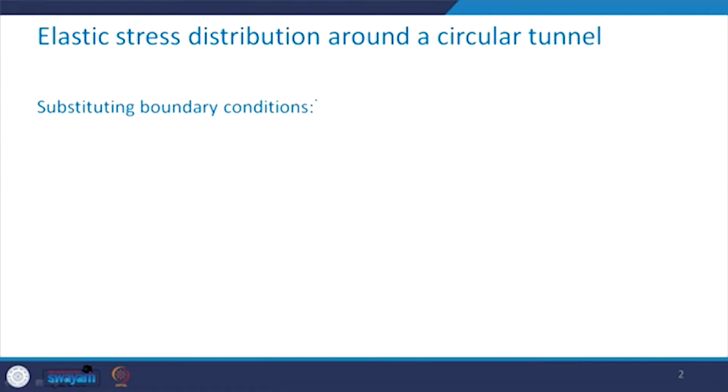In the previous class we already substituted the boundary conditions at r tending to infinity. Now we have the other boundary conditions: at r equal to a, you have sigma r equal to 0.